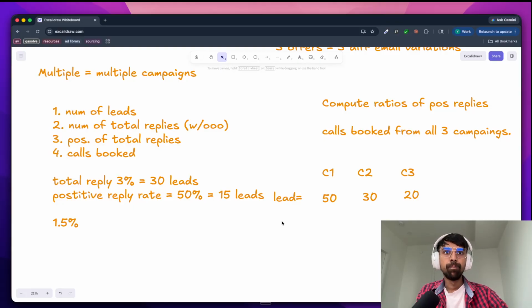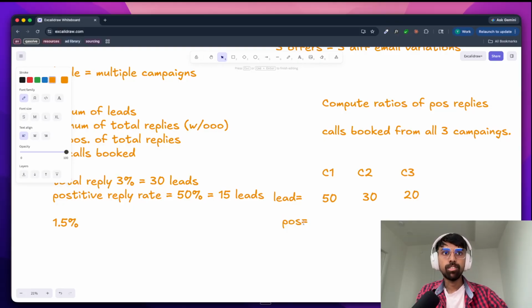The second level is the positive reply rate, so you'll have to count the positive replies. If it's 10 in this case, that's 20%. In this case, let's say it's 12.